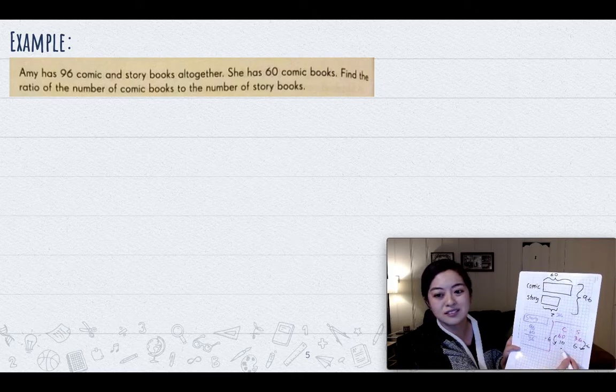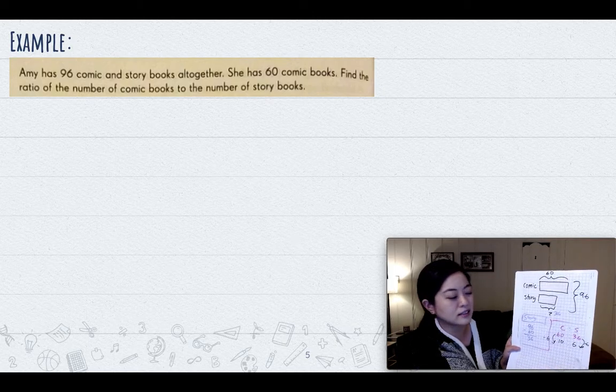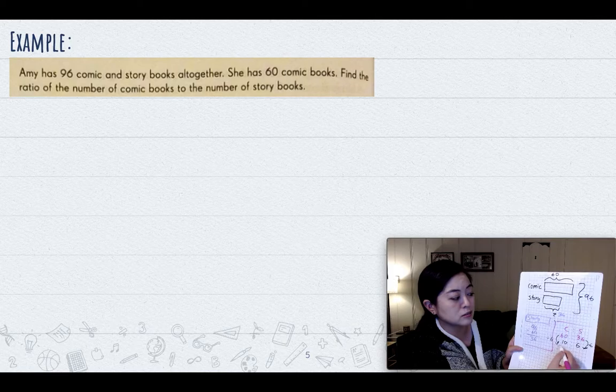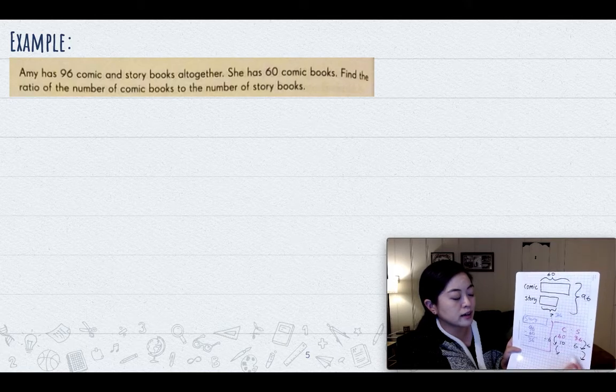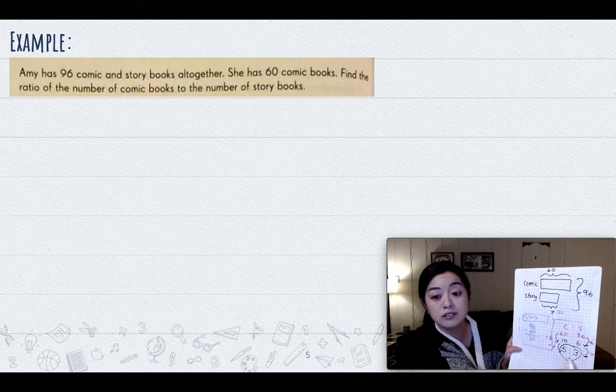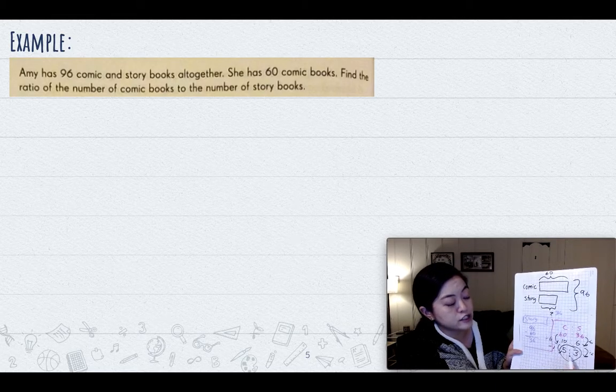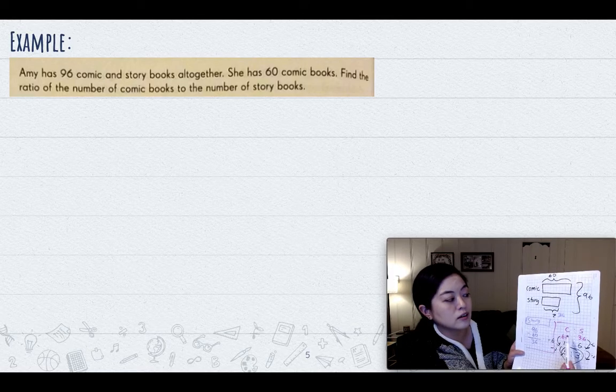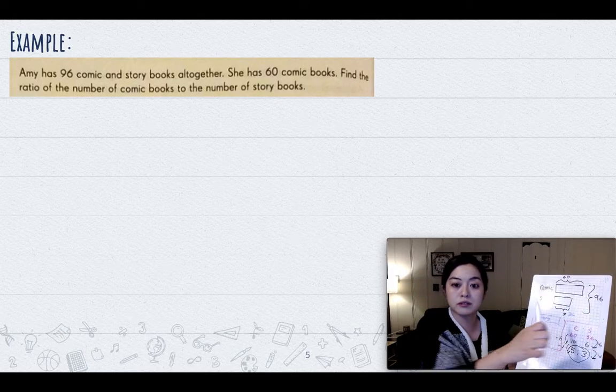This is still not in simplest form, because they're both even numbers, I can divide by 2. 10 divided by 2 is 5, 6 divided by 2 is 3. So this is my ratio in simplest form of comic books to storybooks.